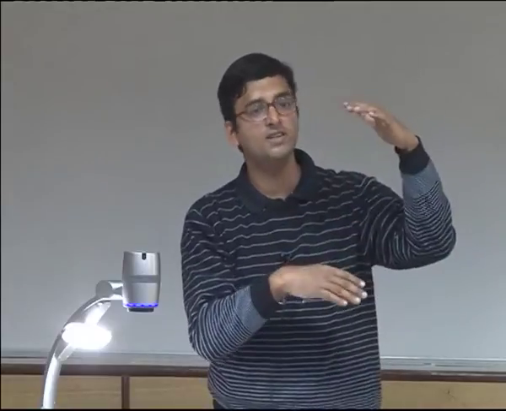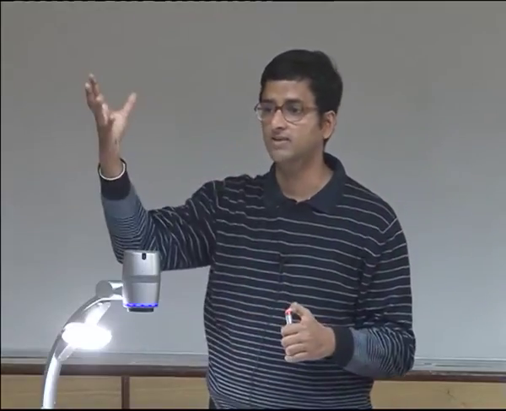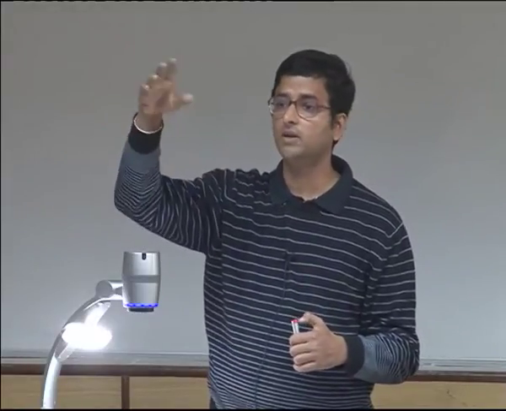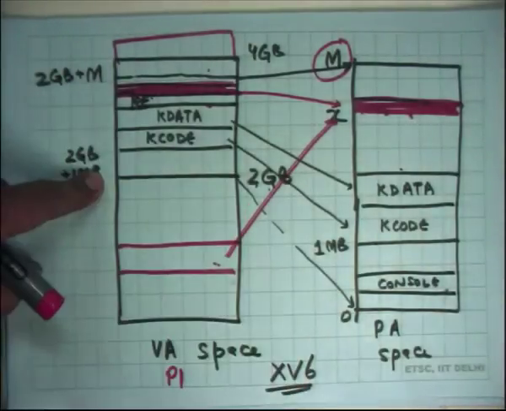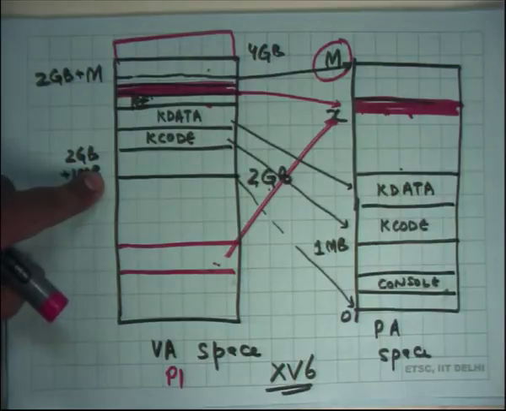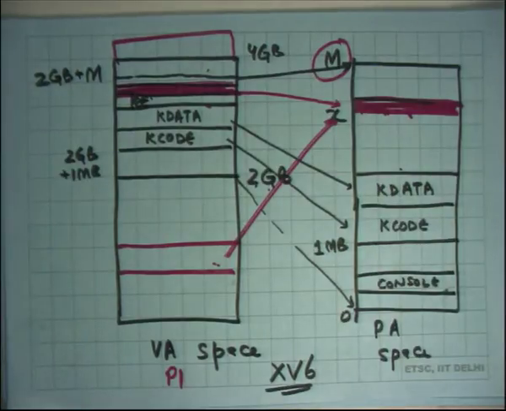But some area of the kernel will always stay mapped, because things like handlers, or kernel stacks, will always stay mapped. The area from where memory for the handlers is taken, which is K code, should always remain. You cannot just remove it at any time. Similarly, the memory at which the kernel stack is living for the current process should always remain. And some other basic functionality of the operating system always remains in the kernel space.